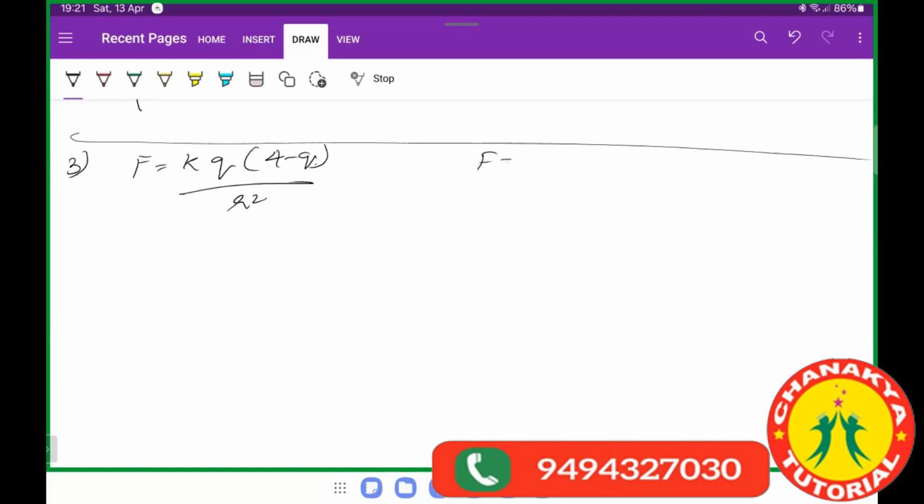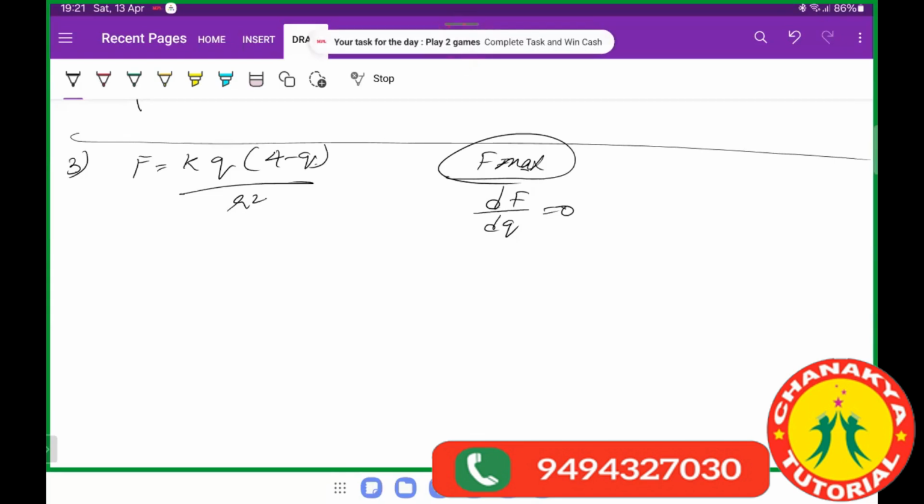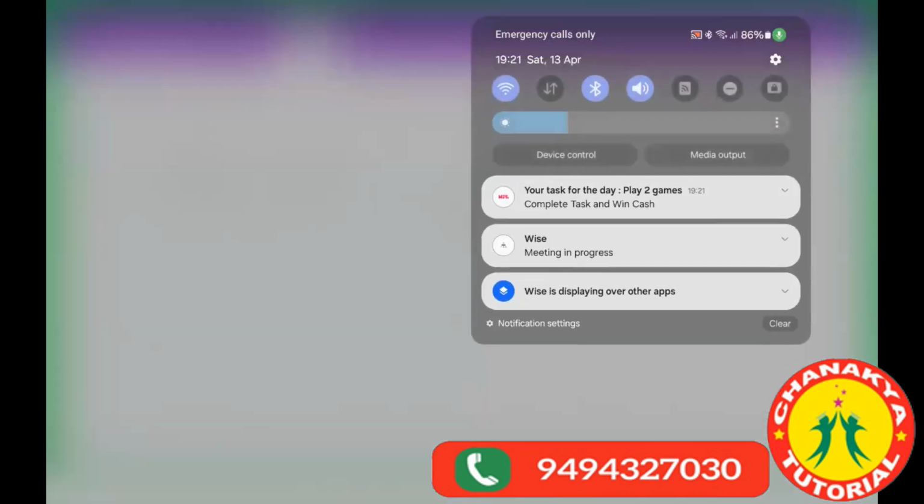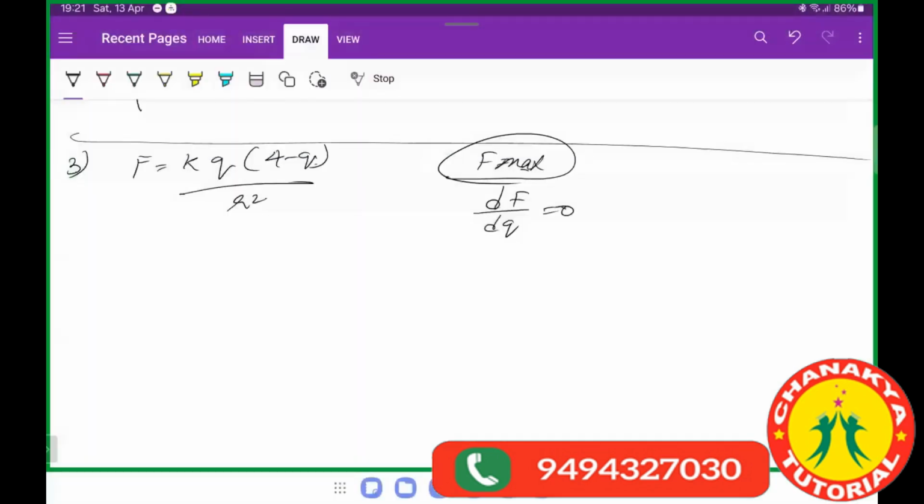So we want F to be maximum. That means dF by dq should be 0. Now we have to differentiate this one. If we differentiate this one and compare with 0, k and r square are constant.